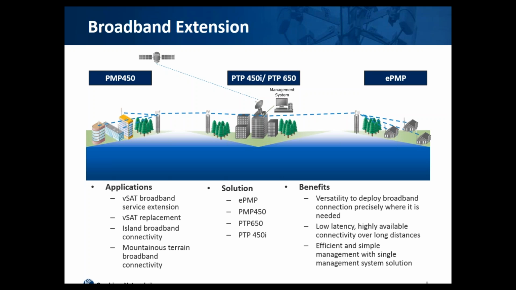The 450i also has low latency, between 3 to 5 milliseconds, so it has high availability over long distances. And keeping the network management simple, it's much easier to monitor all of this using one solution overall.